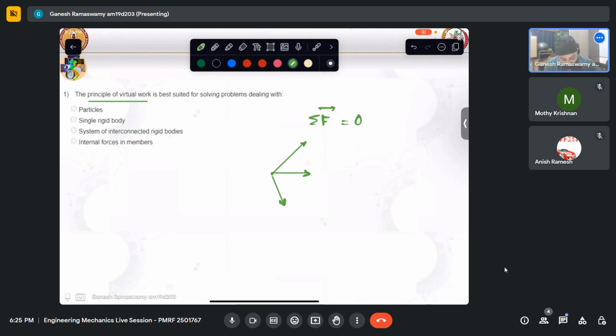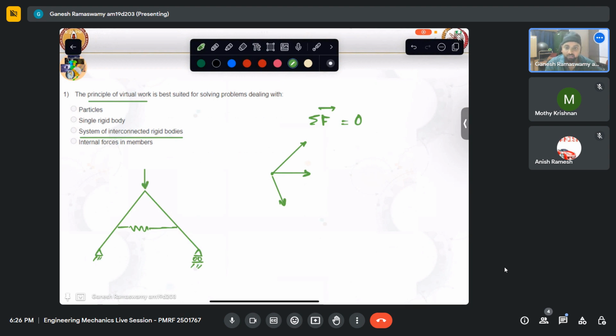Whereas when we come to system of interconnected rigid bodies, let us say that I have 2 systems like that. And I have a pin here and I have put a roller here. And then I connect it with a spring. And then I apply some force.